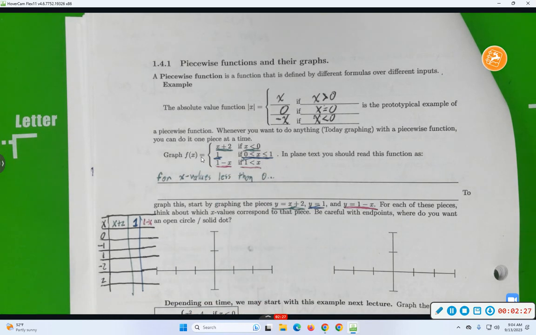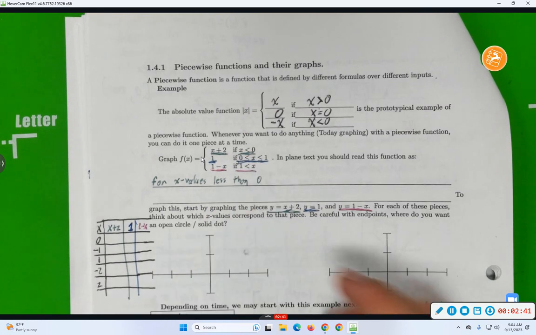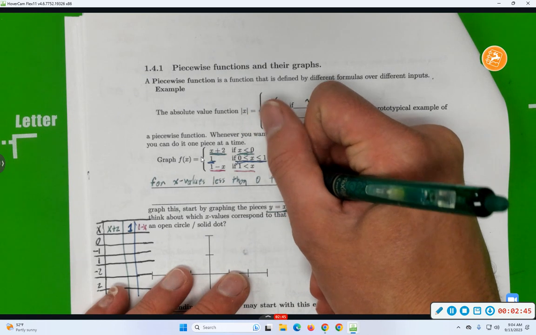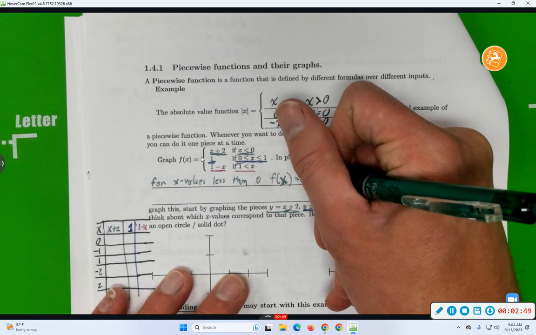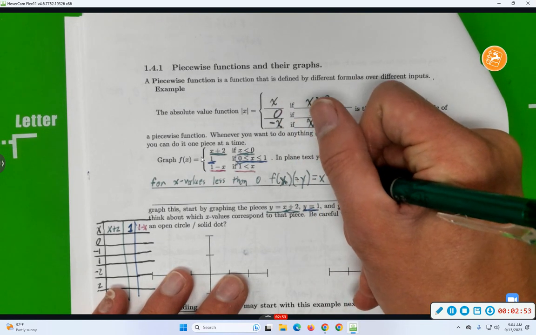So let's just put that into plain words. This is a function, and in order to evaluate that function, first ask yourself, is the x value you're plugging in less than 0? For x values less than 0, f of x, or if you're thinking about graphing, maybe you would say the y value, is equal to x plus 2.